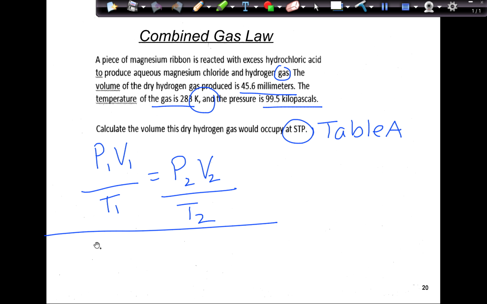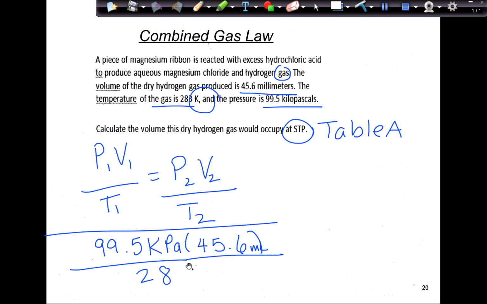So we would put the first pressure, which is 99.5 kilopascals, times the first volume, which is 45.6 milliliters, and put that over the first temperature, which is 283 Kelvin. Set that equal to the new pressure, which on Table A is 101.3 kPa.